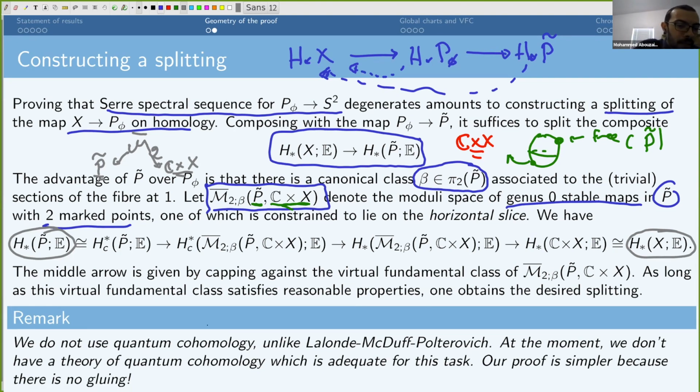First, we appeal to Poincaré duality, and we turn the homology of X into compactly supported cohomology. Then we pull back under evaluation.